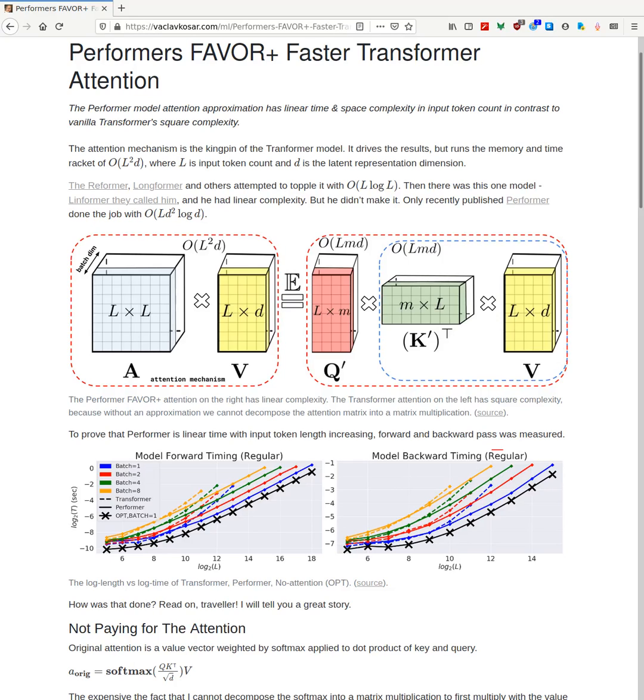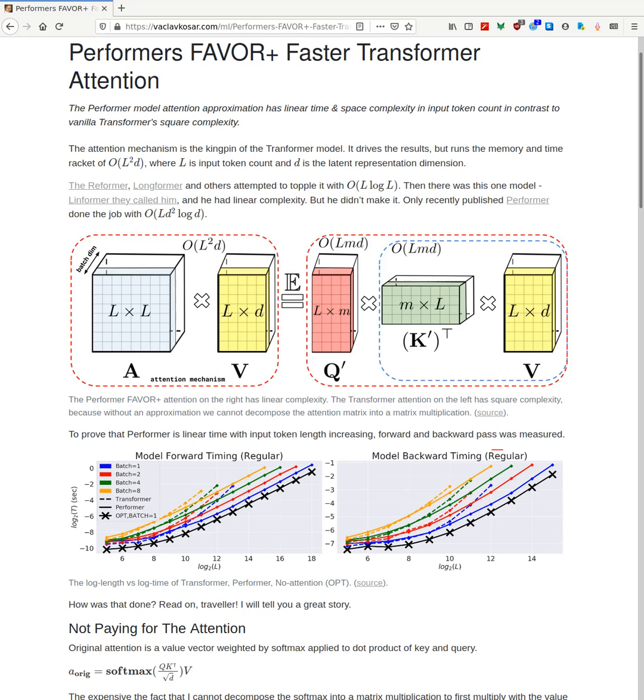The Performer model's attention approximation has linear time and space complexity in the input token count, or sequence length, in contrast to vanilla transformers' square complexity. So today I will be discussing a paper from Google called Rethinking Attention with Performers.